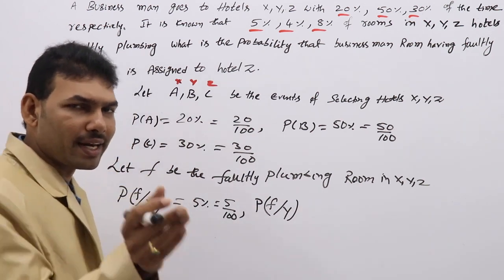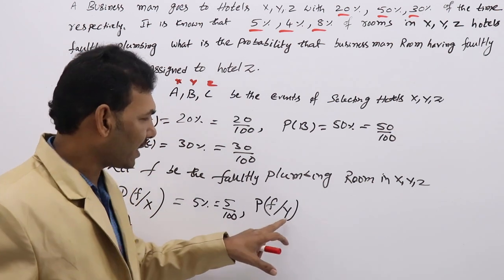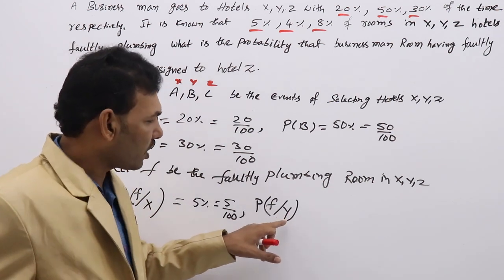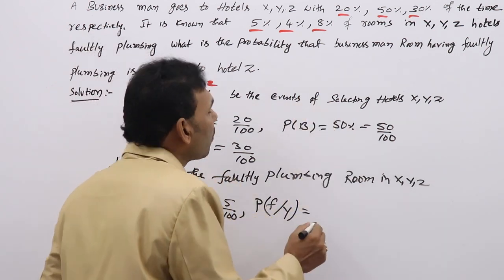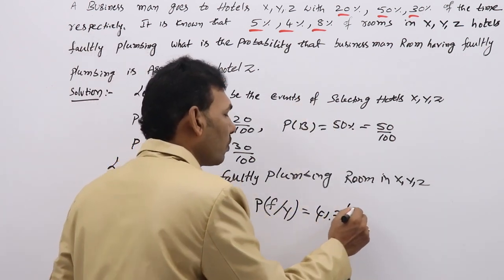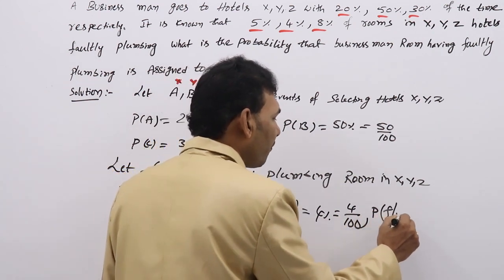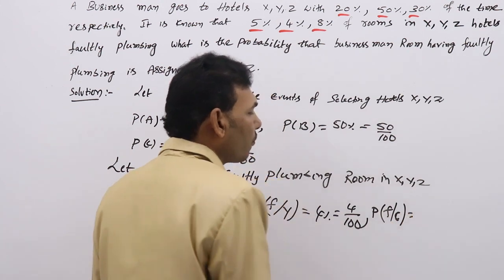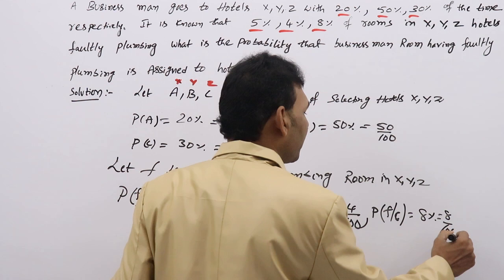What is the probability of having Y hotel faulty plumbing? First select the hotel, next see the percentage of faulty plumbing rooms. So first we are selecting the hotel, that's the first event, I keep Y here. This is 4%, 4 by 100. Similarly, probability of F given C, also we have 8%, 8 by 100.